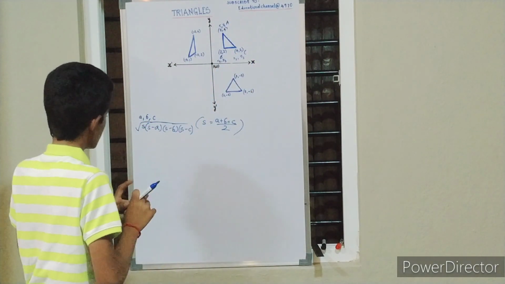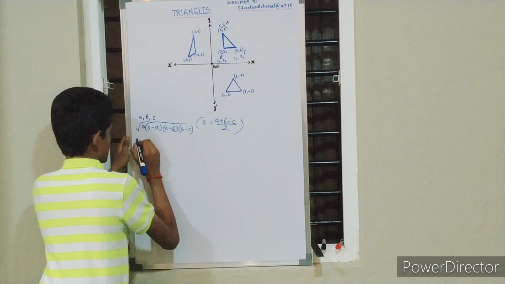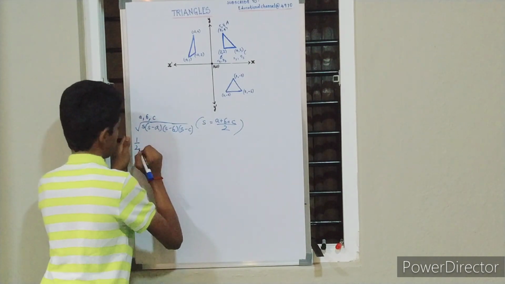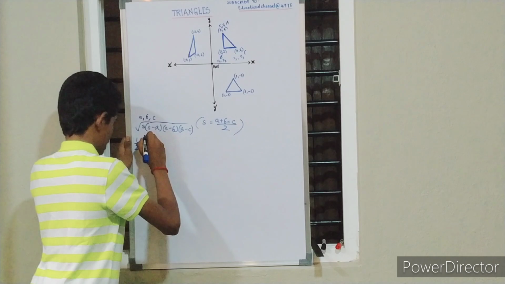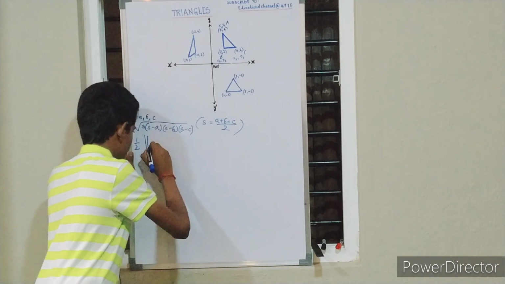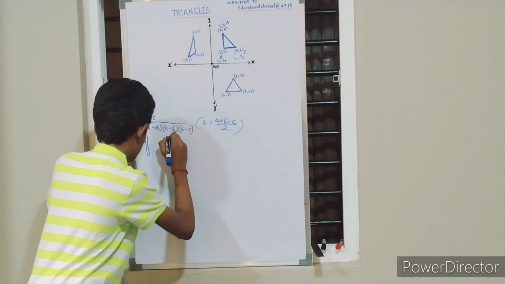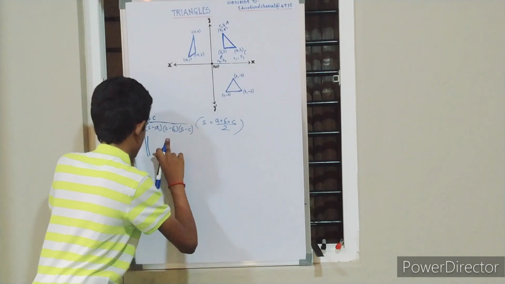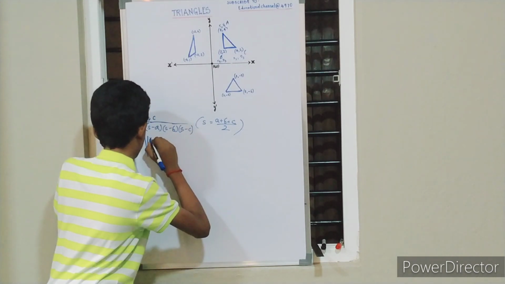Now what is the formula? Very simple. The formula is half of the modulus of this determinant.